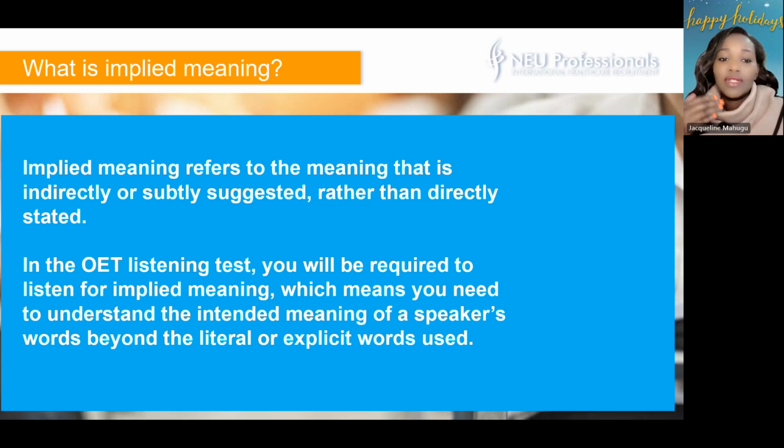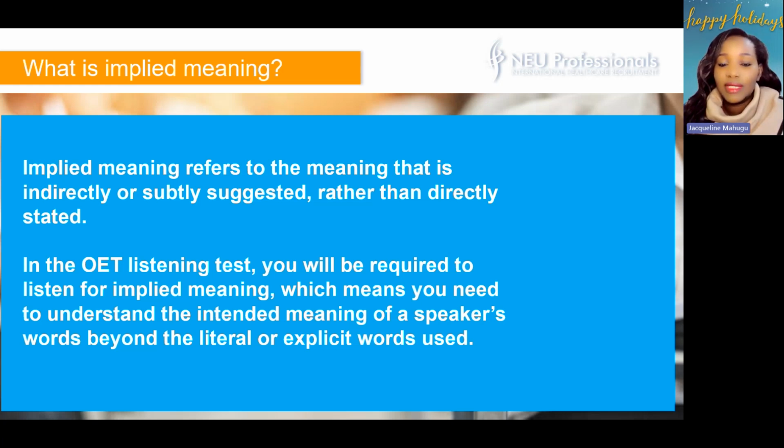So they might say certain words, but they're actually trying to say something else. Implied meaning is the opposite of explicit meaning. Explicit meaning is what someone says or writes directly without any hidden or secret meanings.